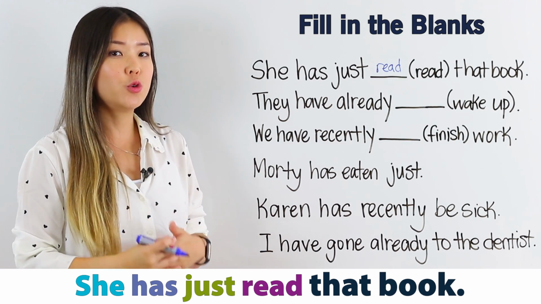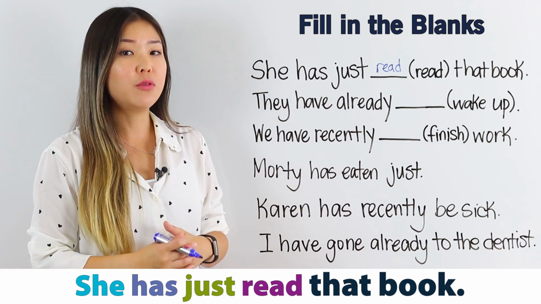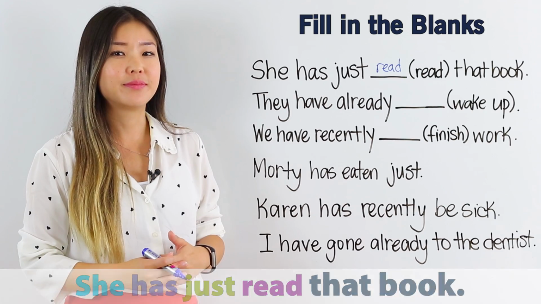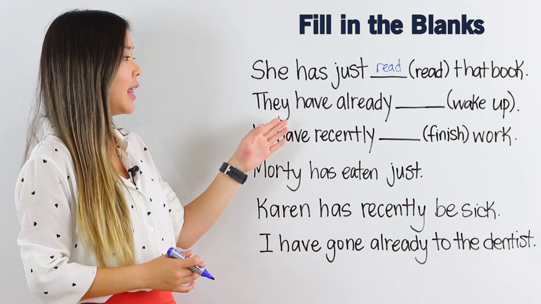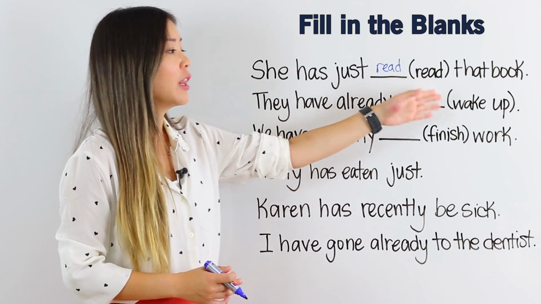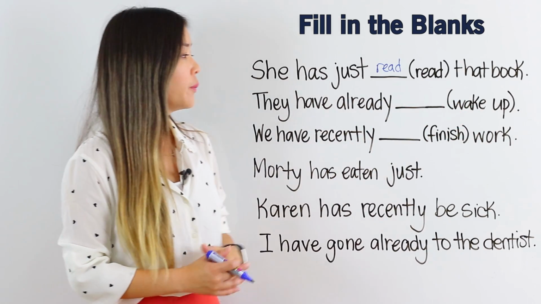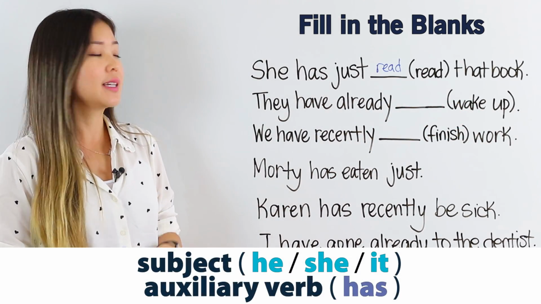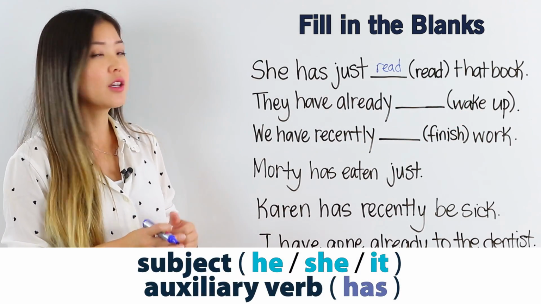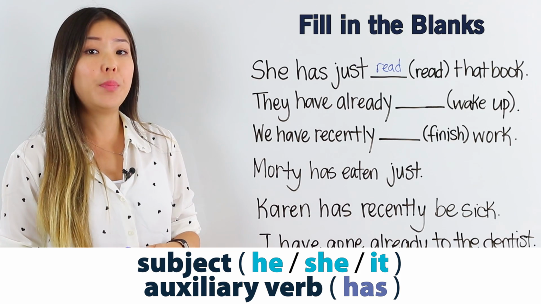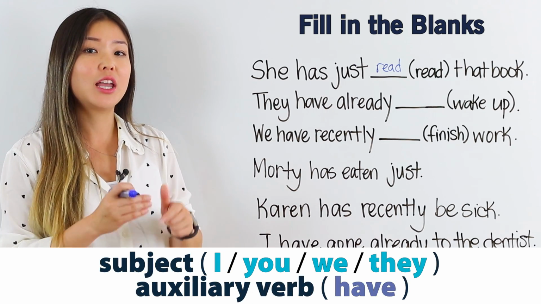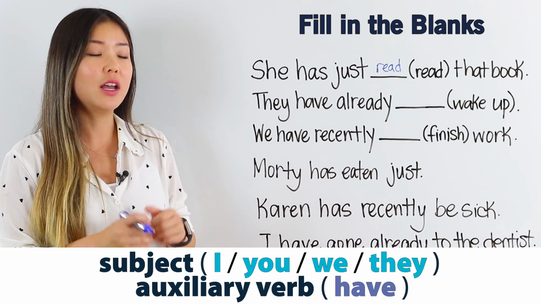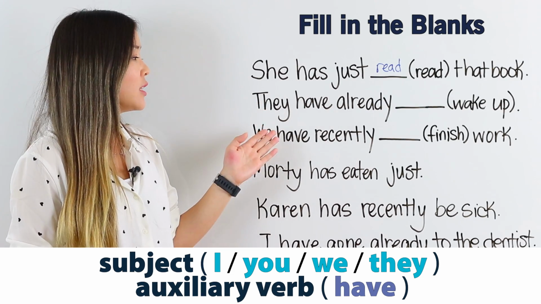You'll notice I use the word just right before the past participle. Next, it says they have already, and the verb is wake up. If the subject is he, she, or it, we use has. But if the subject is I, you, we, or they, we use have. So that's correct.